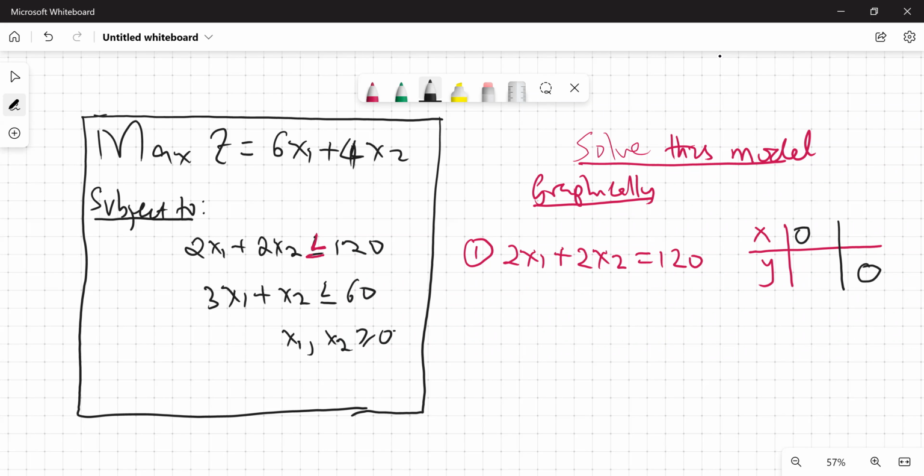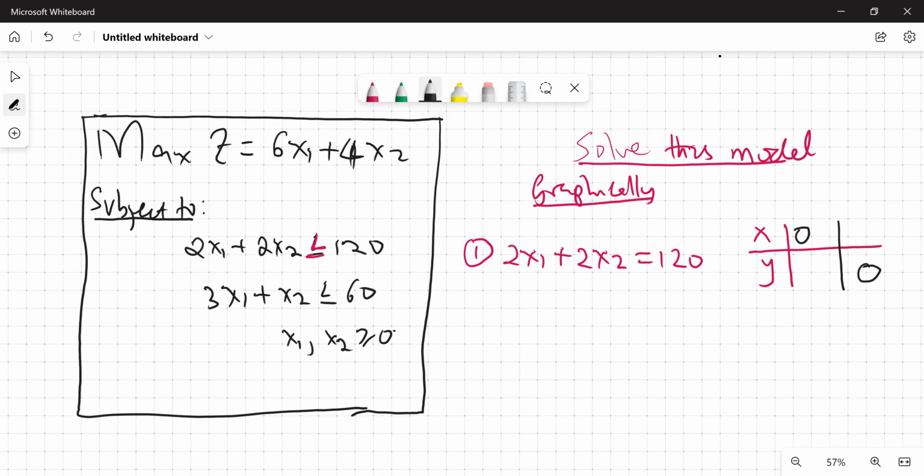So I've decided to use 0. When x is 0, the line is cutting the vertical axis, and when y is 0, the line is cutting the horizontal axis.